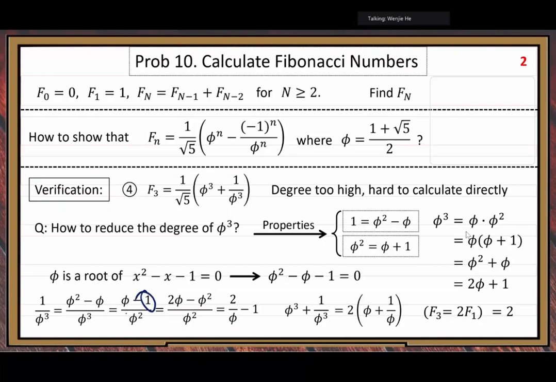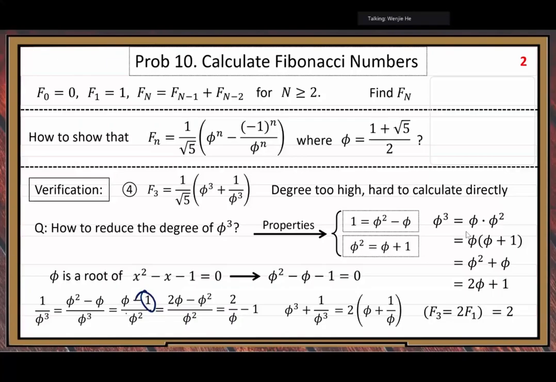Here the purpose is to introduce how to use the special properties of the golden ratio. Because in our general verification round, we need to apply these 2 properties. So get yourselves familiar with the basic properties of the golden ratio. All right, so we complete this step.